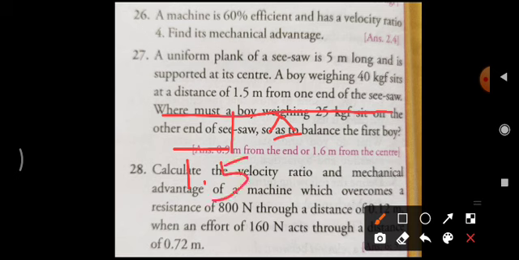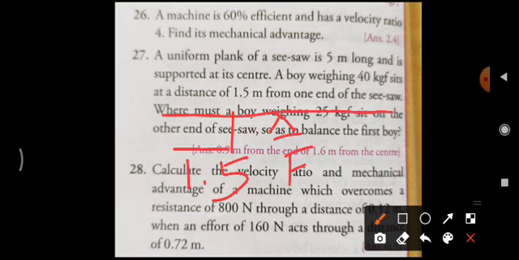So what is the distance between the fulcrum, this one F, and that boy? We can take d1 equal to 1.5 only, because the total is 5 meter long and is supported at its center, so the fulcrum is at 2.5 meter.